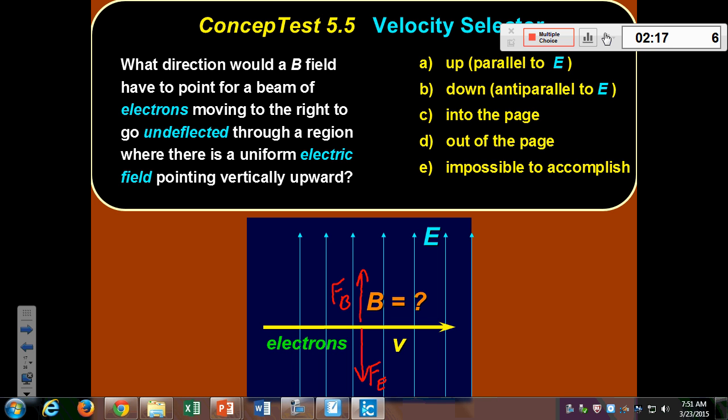Remembering that this is a beam of electrons, which have a negative charge, and so whatever you find with the right-hand rule, you'll take the opposite of that because they're negative charge. And when you do that cross product, like QV cross B, you get the opposite direction.